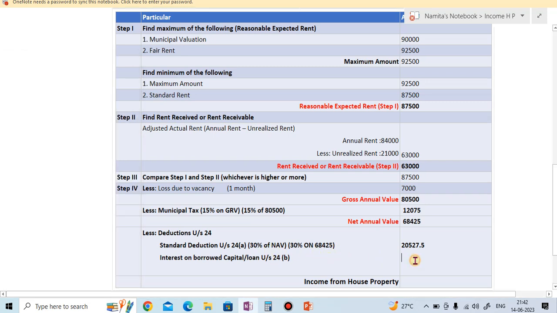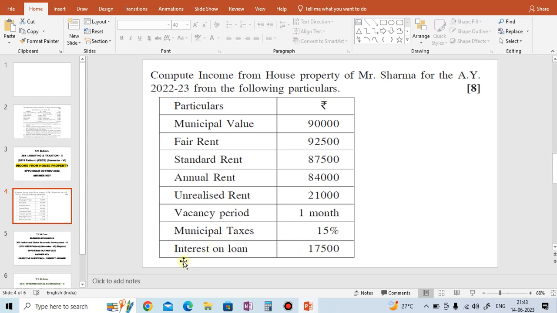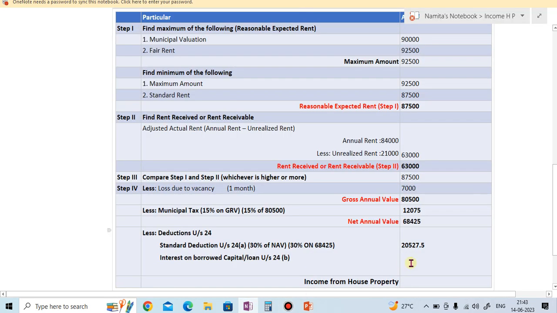Okay, from that less interest on borrowed capital or interest on loan. Check the question. Is there any interest on loan? Yes. So interest on loan is how much? 17,500. So less 17,500.